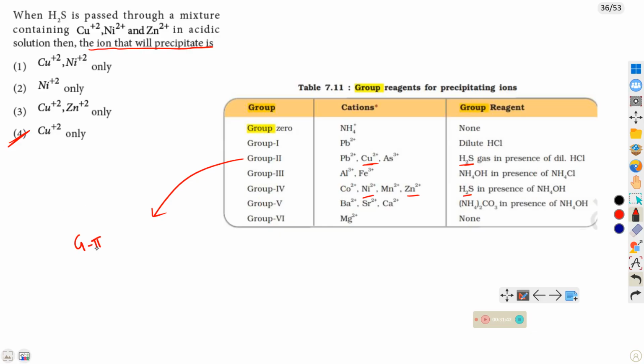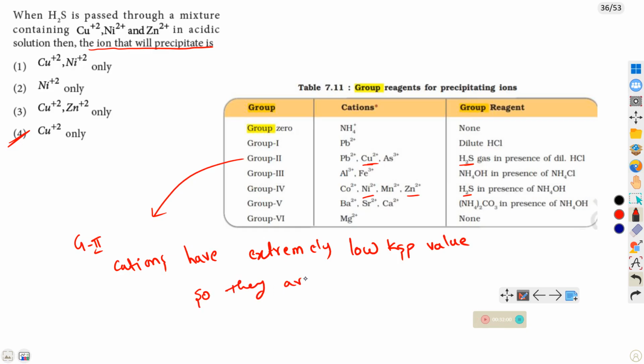Generally, group 2 cations have extremely low Ksp values, solubility product value. So they are precipitated.